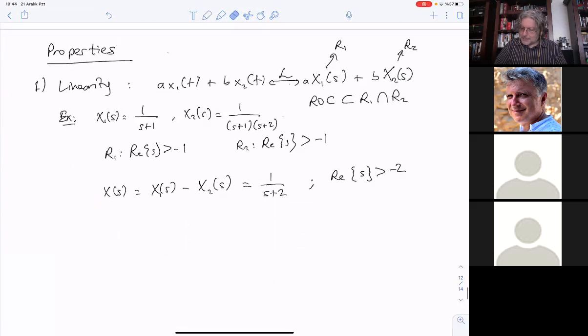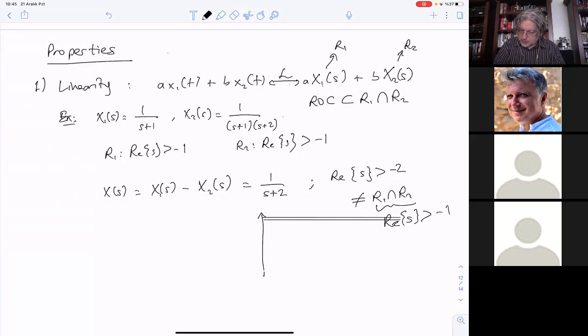So as you see, this is not equal to R1 intersection R2, because R1 intersection R2 was telling me that it should be real part of S greater than -1. But now it is to the right of -2, which is a larger region of convergence.